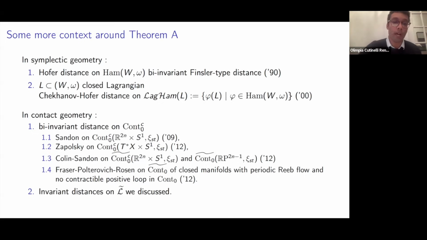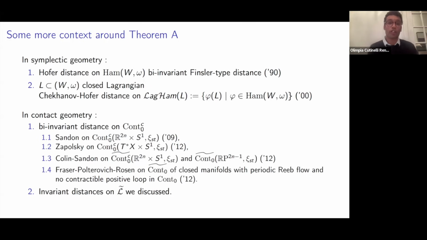And a remark here is that in contact geometry, all the results about invariant distances happen when there is a periodic Reeb flow, or at least a positive loop of contactomorphisms.